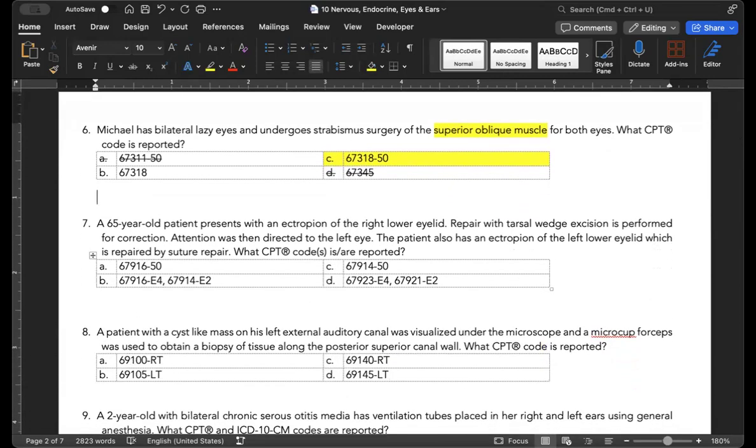Number 7, 65-year-old patient presents with ectropion of the right lower eyelid. Repair with tarsal wedge excision is performed for correction. Attention was then directed to the left eye, and the patient also has an ectropion of the left lower eyelid, which was repaired by suture repair.